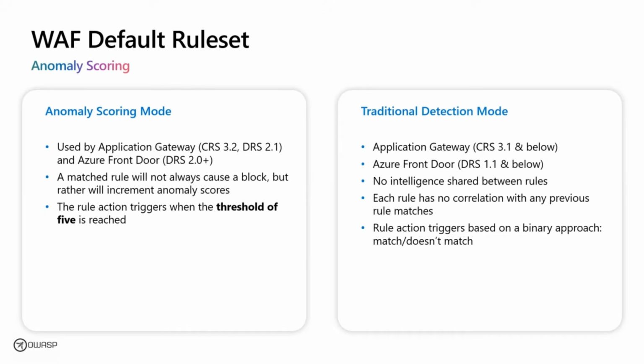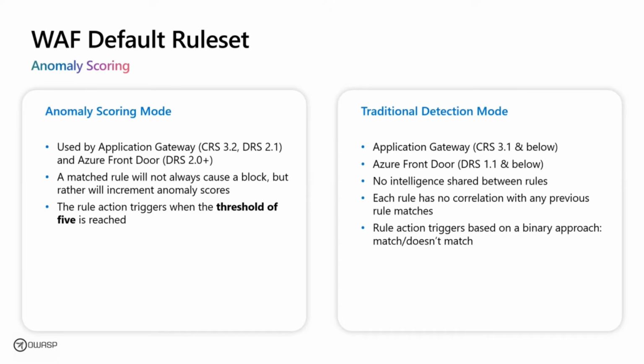In contrast, the traditional detection mode, which was in the older rule sets, CRS 3.1 and below and DRS 1.1 and below, operated in what we called a binary fashion. Each rule is evaluated independently, and if a match is found, the action is triggered immediately. There's no correlation between the rules, which can lead to more false positives or overly aggressive blocking.